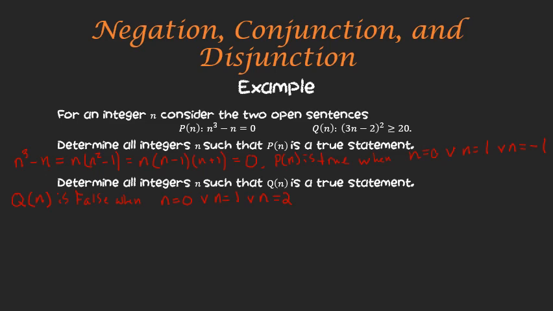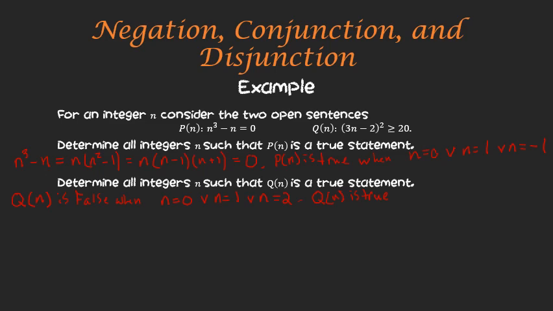So if one of those three things happens, then Q of n will be false. So if we take the negation of that, Q of n is true when that doesn't happen.